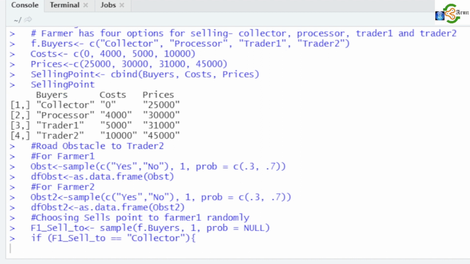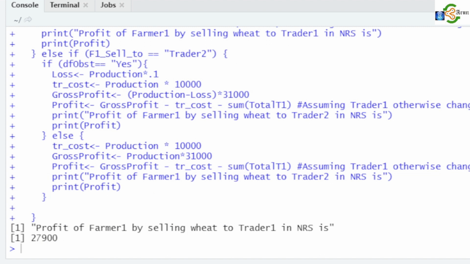You can see here the farmer opted to sell to trader 1, and the profit margin from 1 hectare of wheat in the given situation is 27,900 rupees. That's good enough, at least at this point.